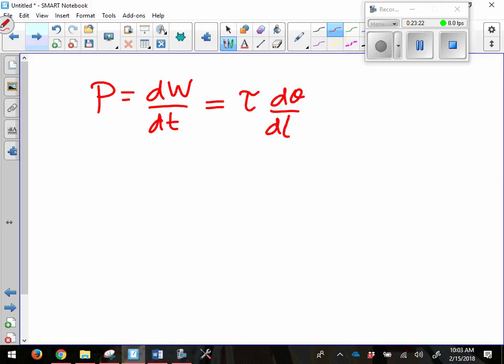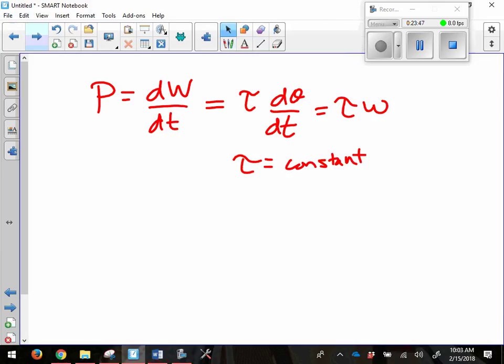And what's d theta dt going to be? Yes, omega. So power could also be written as tau omega, but you have to remember that your tau has to be constant. All right. Kind of a bookkeeping dictionary kind of day where we're just trying to get some new terms and some new formulas. All right. Everybody good?